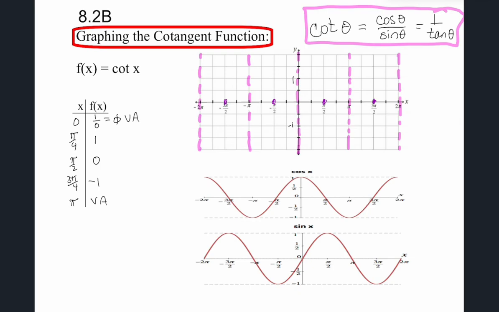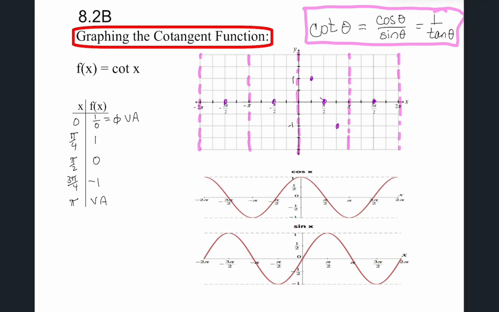But this is what's kind of interesting about a cotangent. This is pi over 4. At pi over 4, we found we're at a height of 1. And at 3 pi over 4, we are at a height of negative 1.